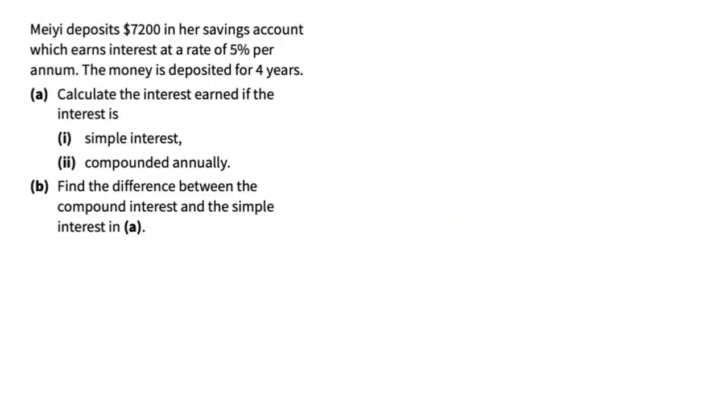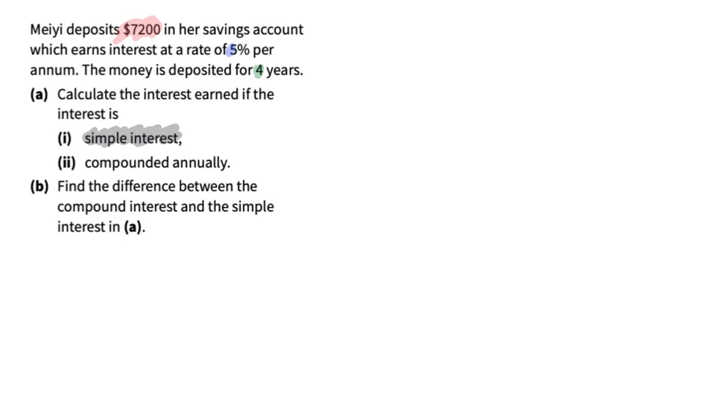Hello everyone, welcome to this problem where we are given that Mei Yi deposited 7,200 into her savings account, and the interest rate is also given, 5% per annum, 4 years. Now, for A part 1, calculate the interest if it is simple interest.